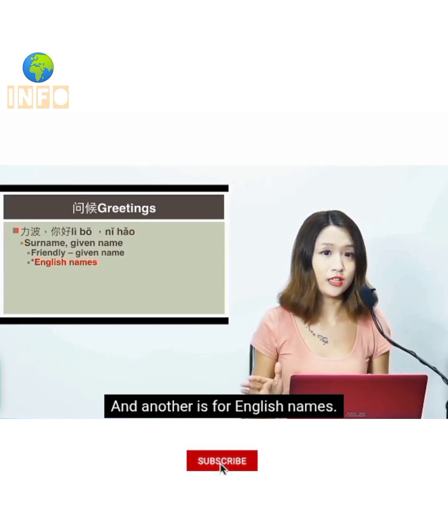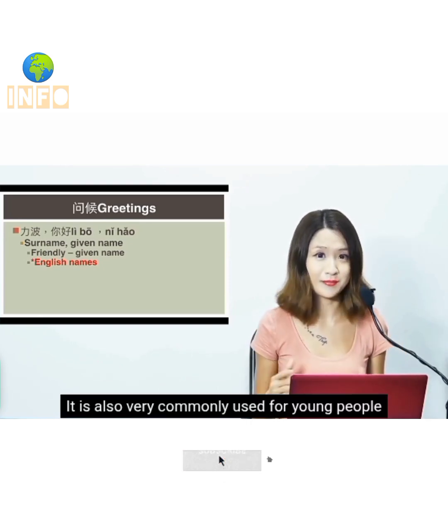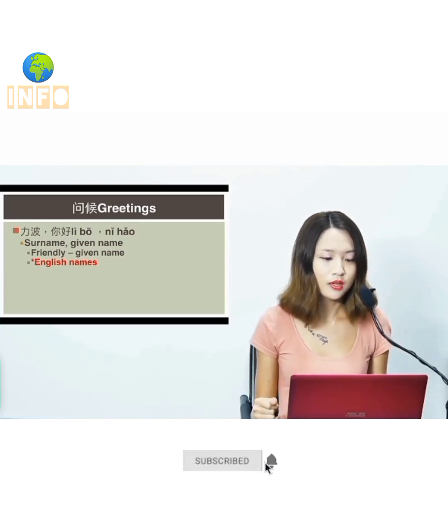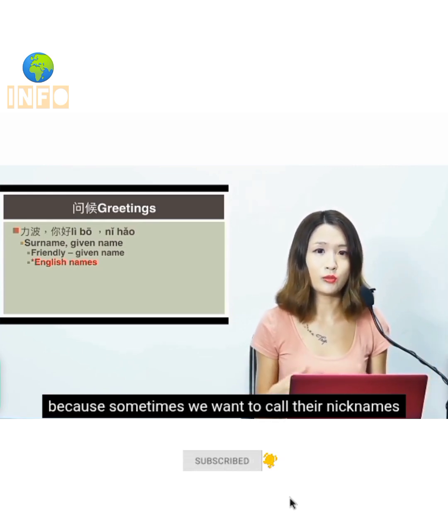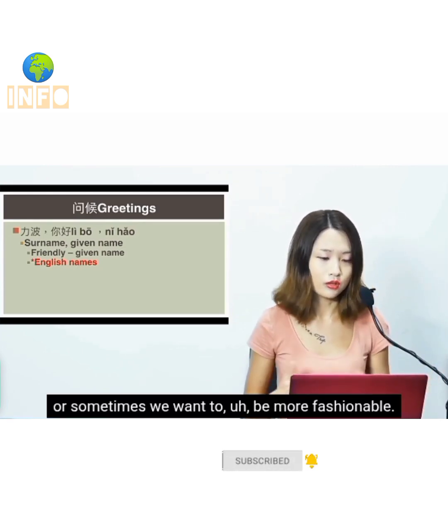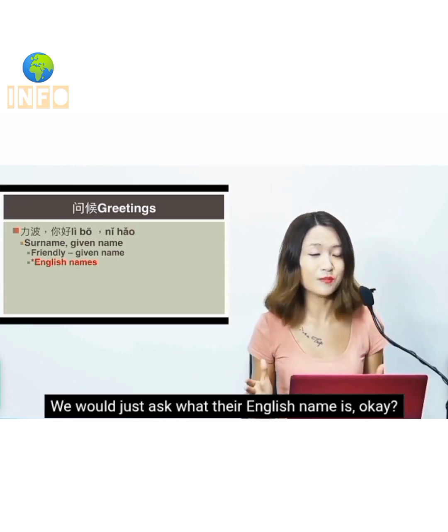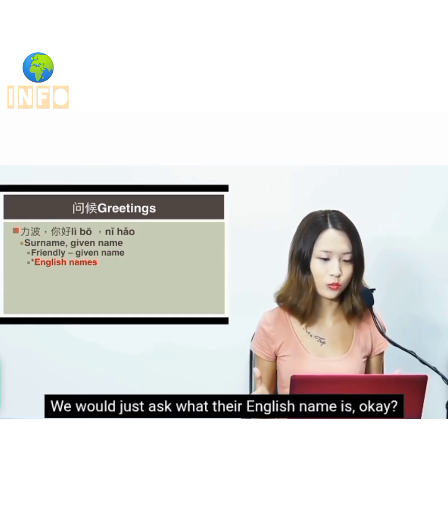And another is for English names. It is also very commonly used for young people, apart from our Chinese names, because sometimes we want to call their nicknames, or sometimes we want to be more fashionable. We will just ask what their English name is.